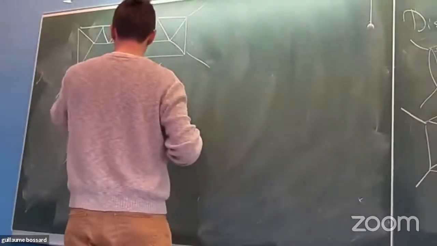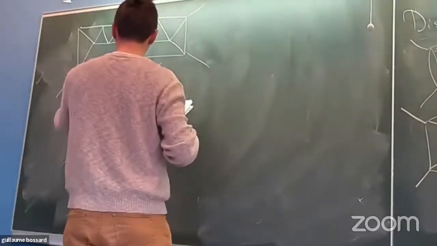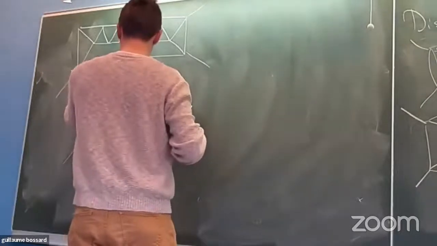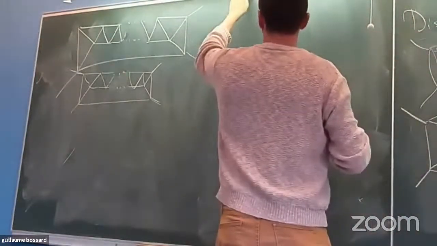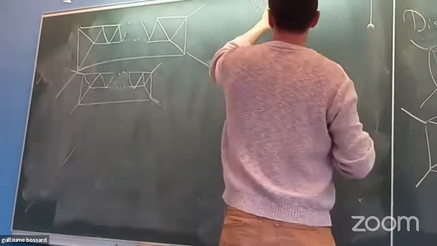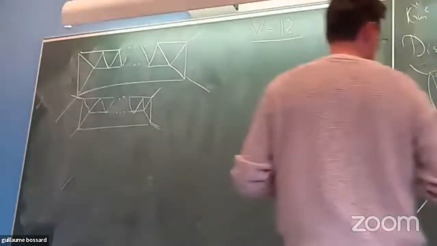Again, there are infinitely many of them, and just to give you some idea, let me show you how we did it in practice. For example, you start with V equals 12. That's the highest V we took.